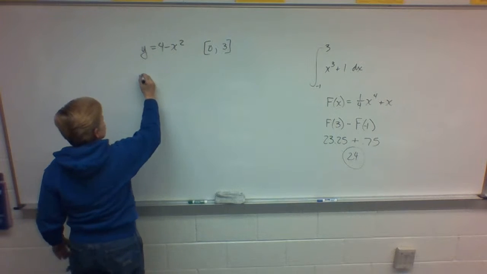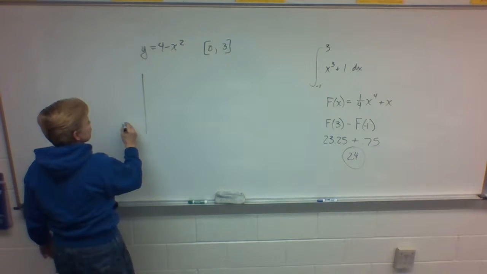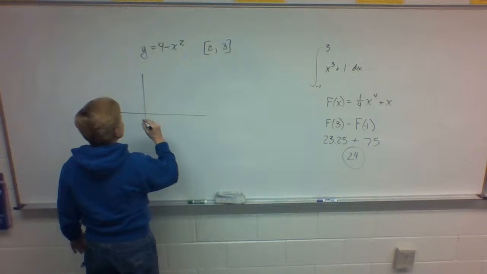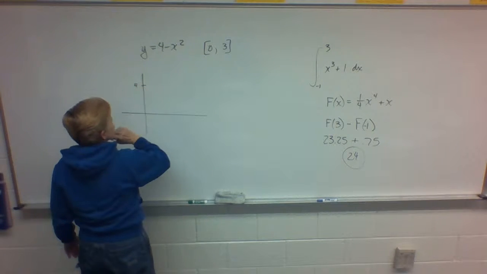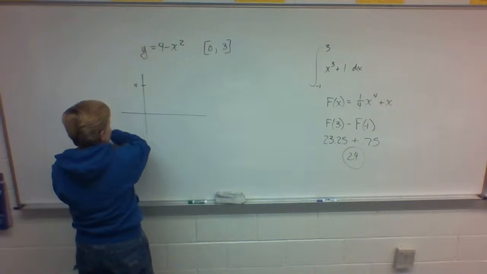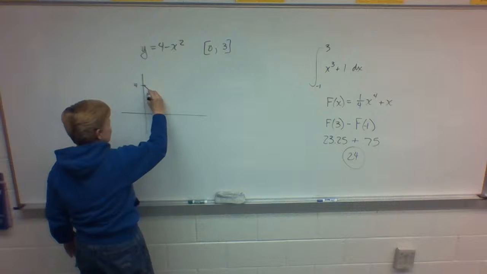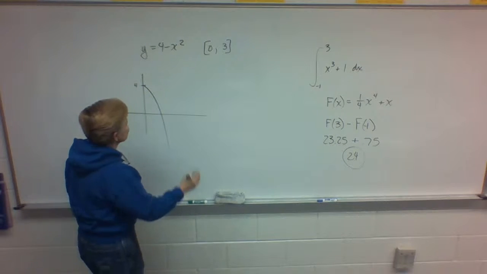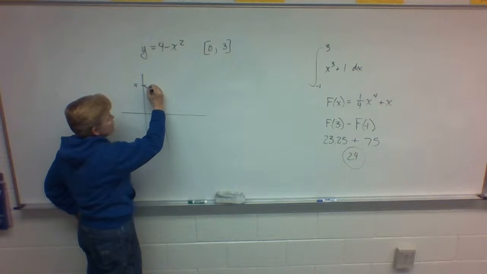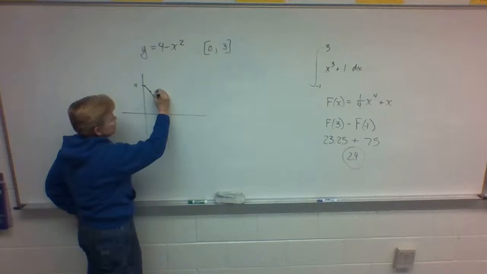I want to look at that graph only on the interval from 0 to 3. So up here at 4 is where that thing comes down. I don't want to look at this half over here. I want to look at this piece over here. It's going to come down like this. If you remember how to count this out, we would go out 1, down 1, out 1, down 3.